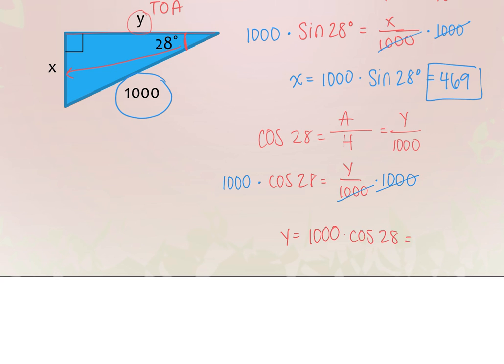When we plug that into our calculator, let's see what we get. So switch over to your calculator. Plug in 1,000 times the cosine of 28. Hopefully you guys are plugging this in because this is good practice.